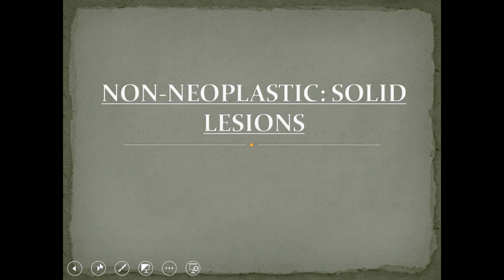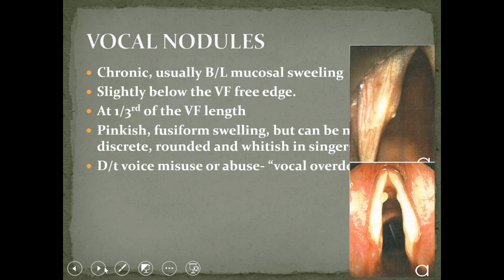Coming to the non-neoplastic solid lesions, number one is vocal nodules. These are usually seen at the junction of the anterior 1/3 and posterior 2/3 of the vocal cord. Here you can observe the vocal nodule. This is the anterior part and this is the posterior part of the glottis.